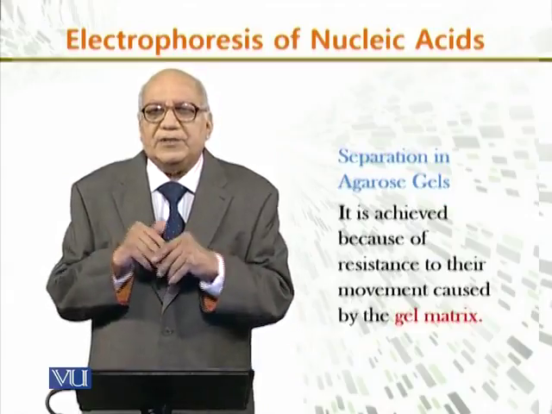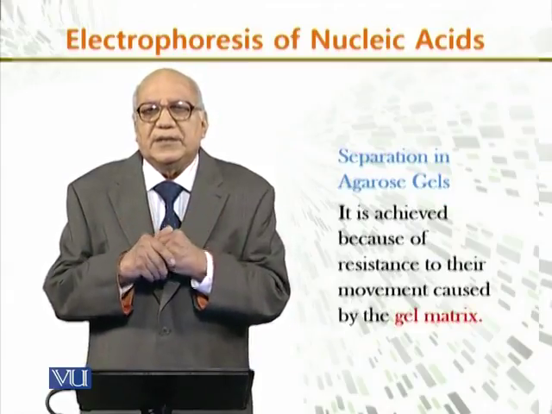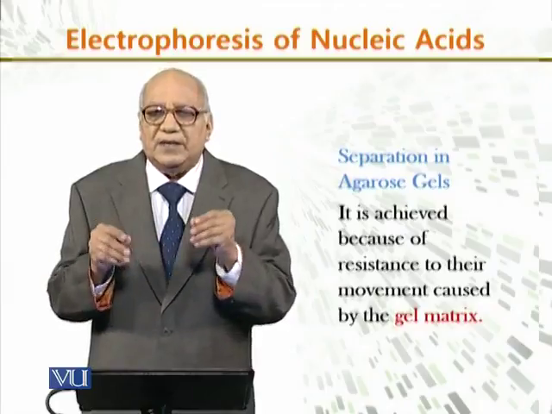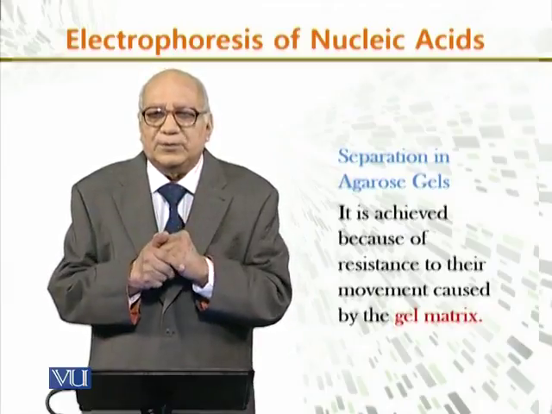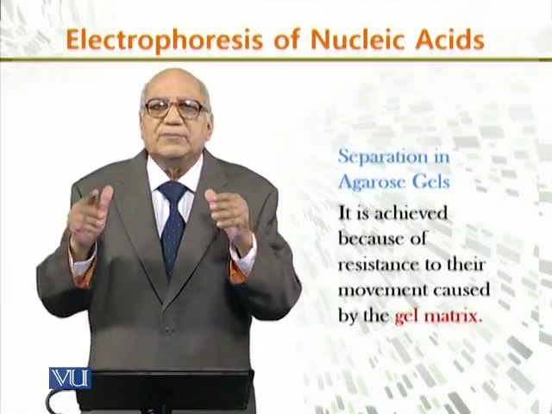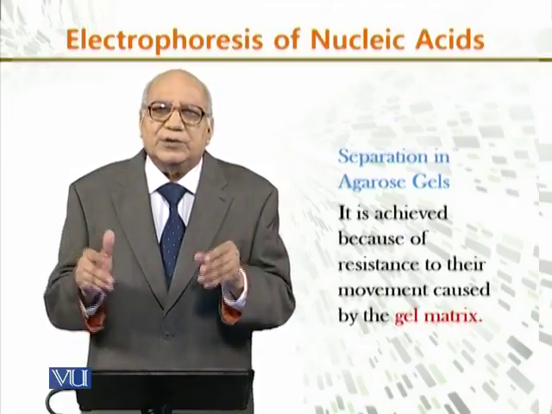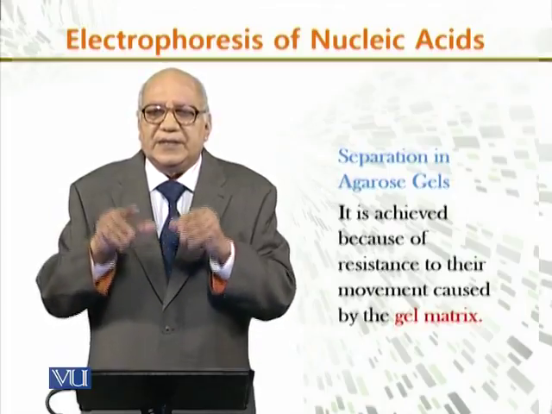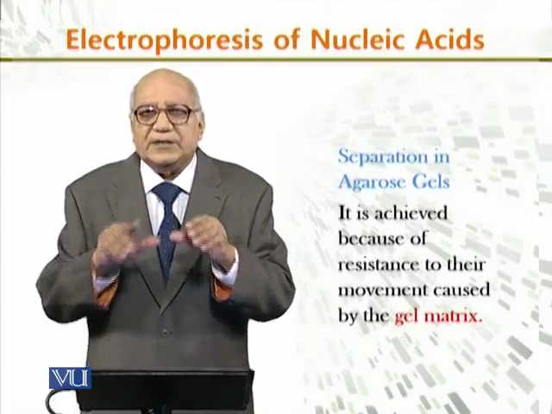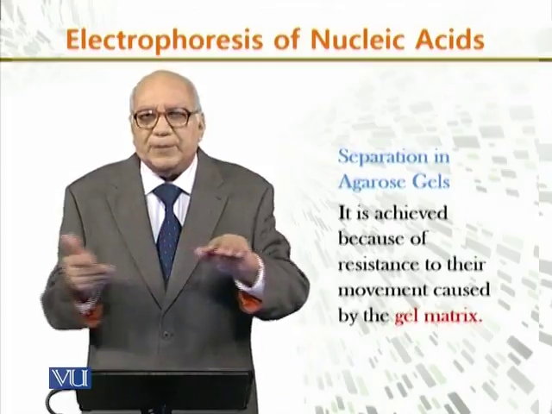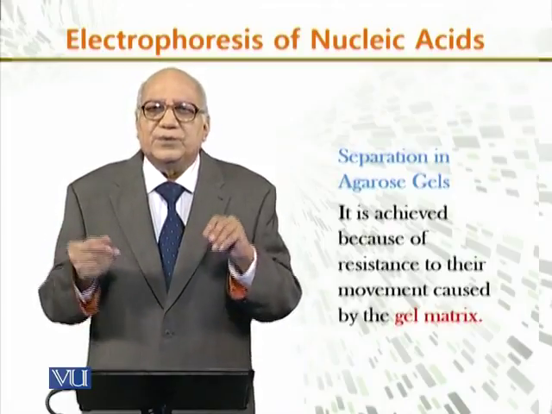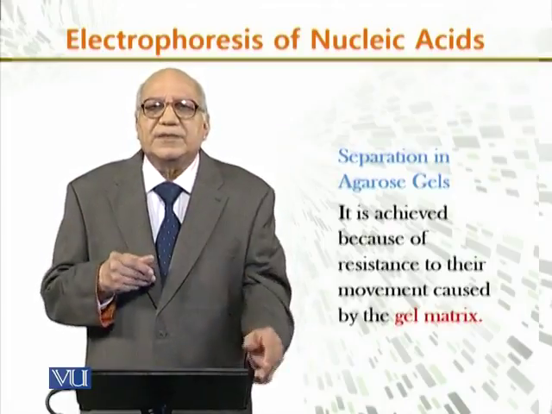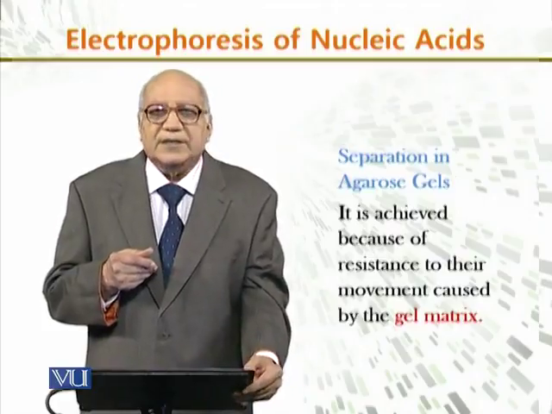And the separation in agarose gel is achieved because of resistance to their movement caused by the gel matrix. You see, the DNA molecule is there, and there is a gel matrix, and the separation is due to the resistance of that matrix to the DNA molecule.